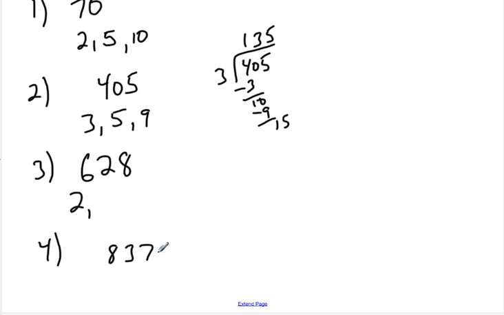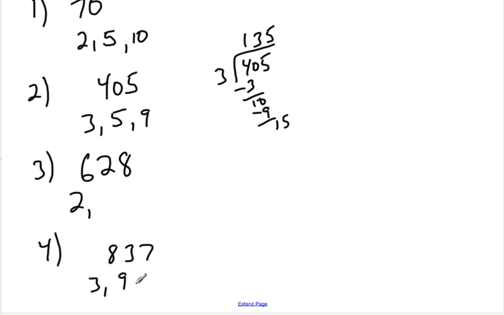837 is not divisible by 2. It is divisible by 3. Not 5. 9, I'm not sure, let's see, 7, 10, 18, it is divisible by 9 because it's divisible by 3 twice.